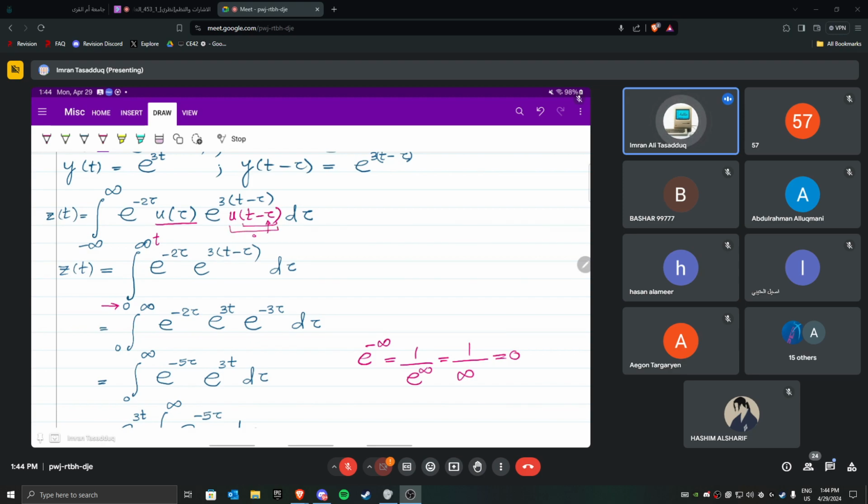But right now we don't have this u of t minus tau here. So this means we can have any value for the upper limit, which means we can have infinity. That's the maximum value that we can have. That's why it is 0 to infinity. Is it clear?